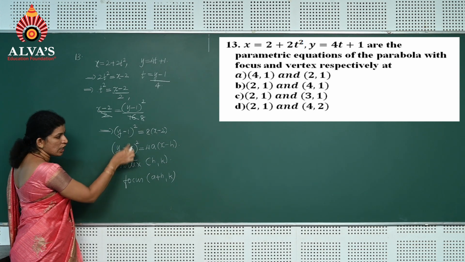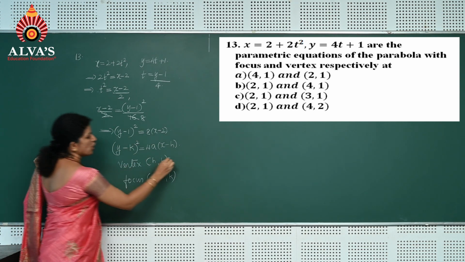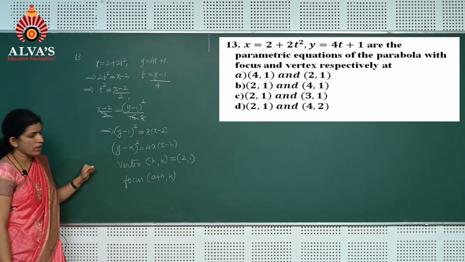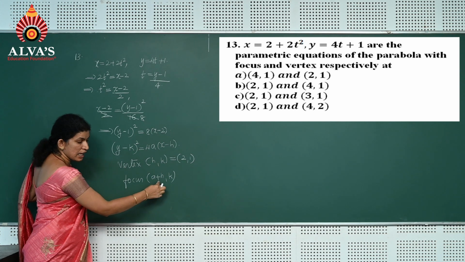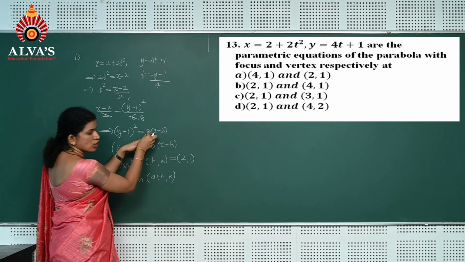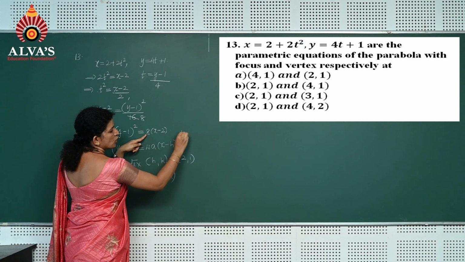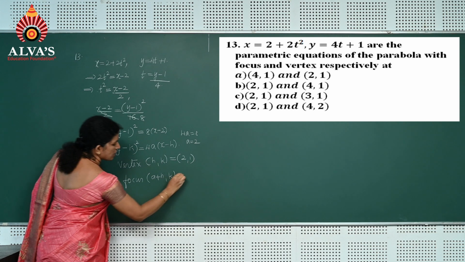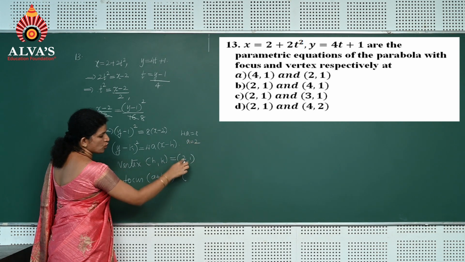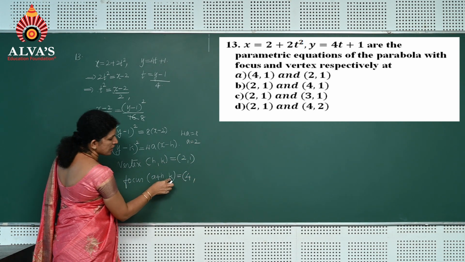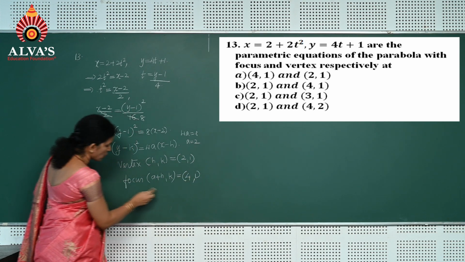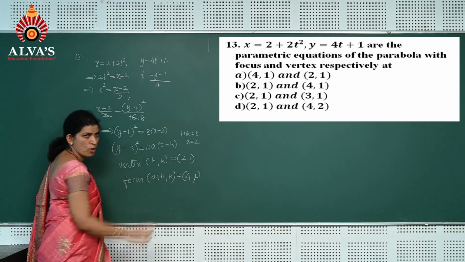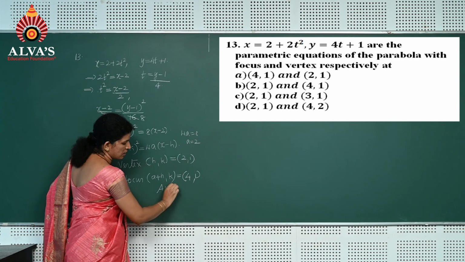Comparing this equation with the standard equation, (h, k) is (2, 1), and the focus is (a plus h, k). Comparing, 4a equal to 8, so that a takes the value 2, so a plus h means 2 plus 2, that is 4. And k is 1, so the focus is (4, 1) and the vertex is (2, 1), so that the answer is A.